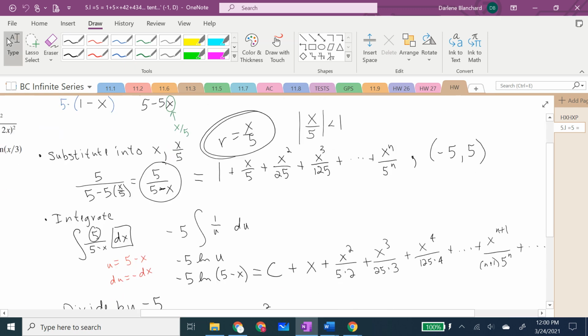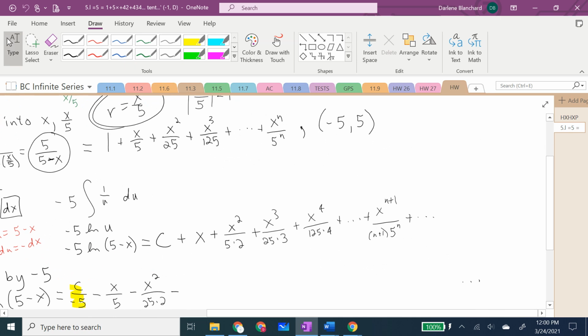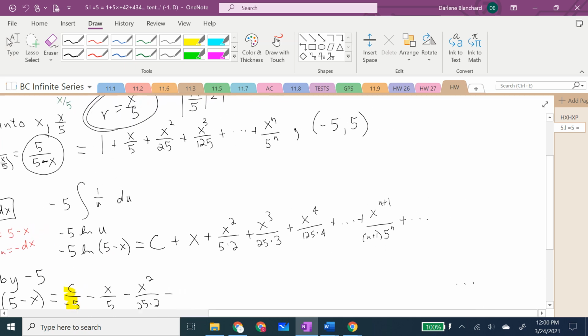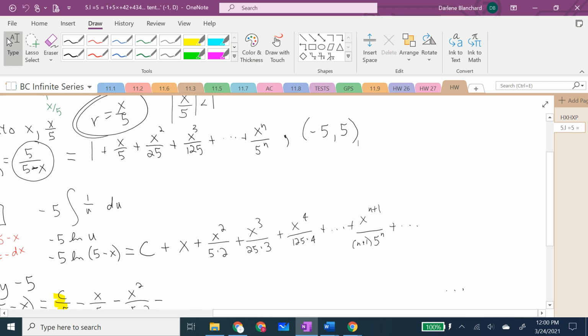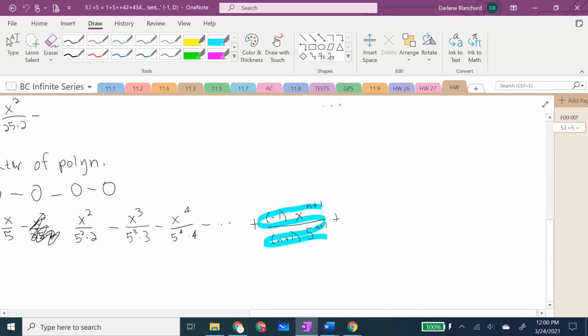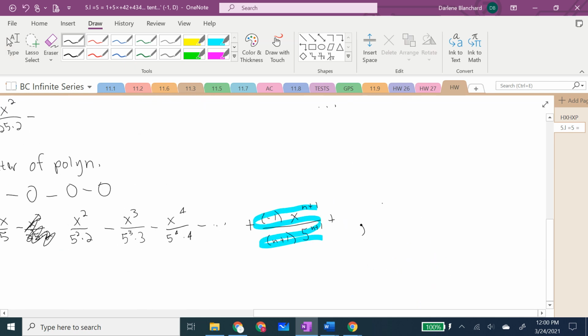When I integrated, I had to check the endpoints. So let's check those endpoints, and then hopefully you realize that dividing by -5 is not going to change the interval of convergence. So I have for my interval of convergence on the official answer that it's either open or closed, -5 to 5, open or closed.